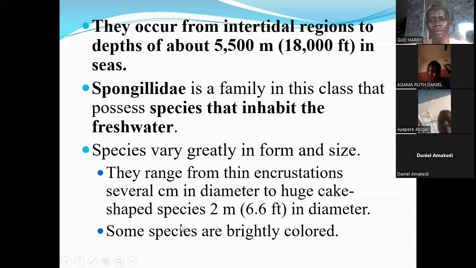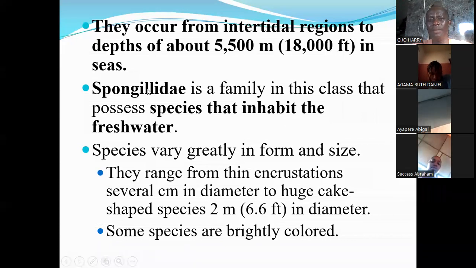They are usually found in the intertidal region. One of the families of this class, Demospongia, possesses species that inhabit fresh water. That family is called Spongillidae.